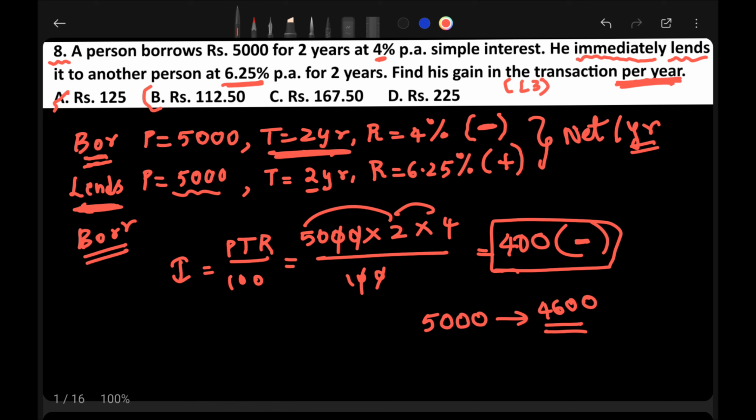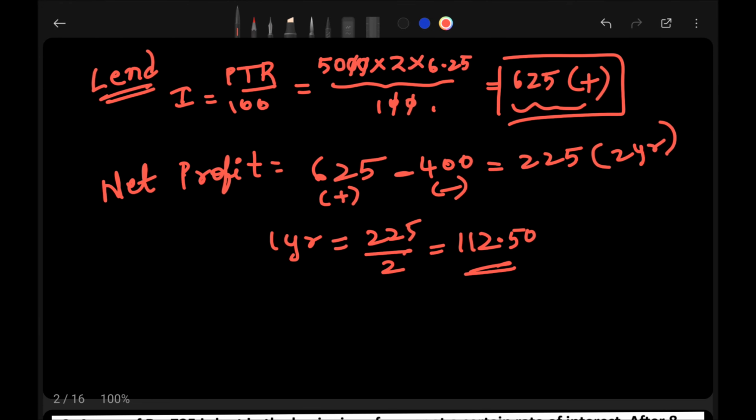Yes, B is the actual answer, not A. Keep that in mind. Many people do this, but they forget that he asked per year, not for 2 years. It's a normal problem. Initially it may be a bit harder, but as you practice, it will become easy. Now we shall go to our next problem.